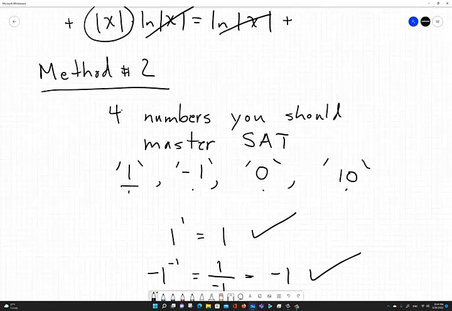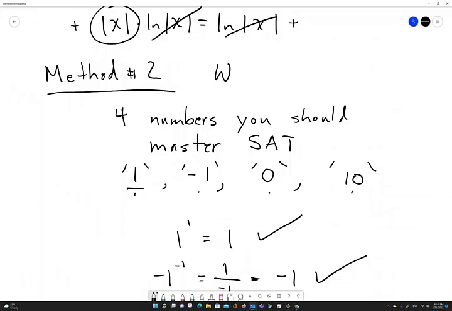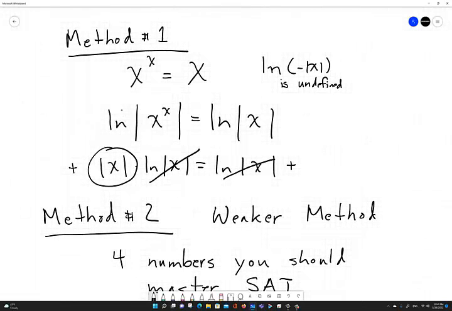This method number 2 is kind of a weak method. It's a weaker method compared to method number 1, because if you use this natural log function, you get the answer quicker.